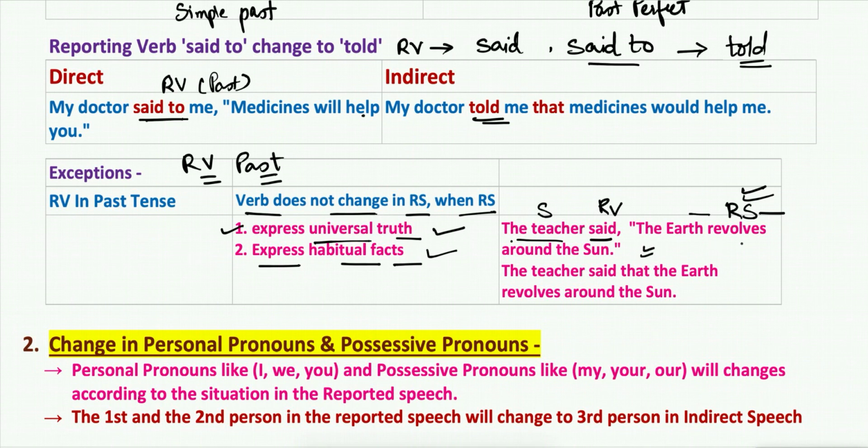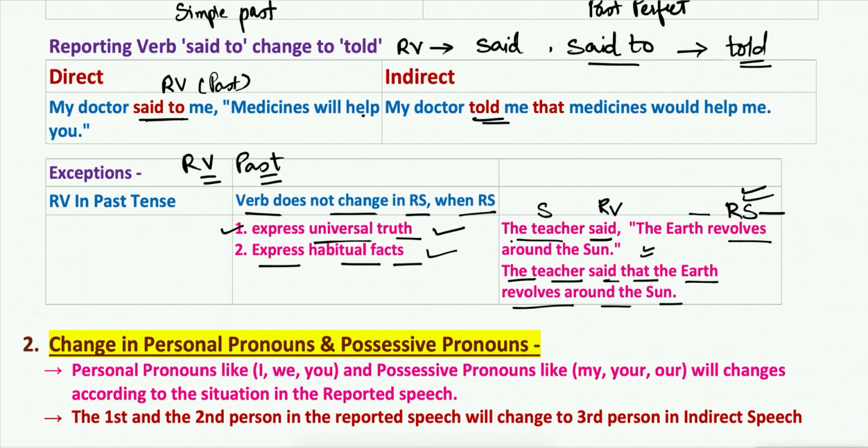So it will remain as it is. The verb here is revolves. So revolves will remain as it is. It will not change to revolved. So in indirect form, how we will write? The teacher said that the earth revolves around the sun. So this is the exception. We need to remember it.